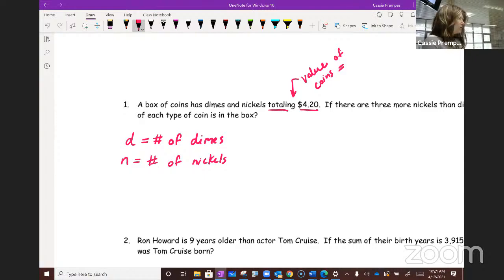Well, what's the value of a dime? 10 cents. So if I want to determine what are the value of the total dimes that I have, Michelle? 0.1 times D. Because the dime value is 10 cents. If I have 10 dimes, I have 10 cents times 10 is $1. And then I'm going to add that to, what's the value of a nickel?